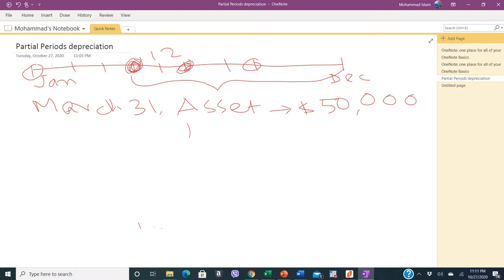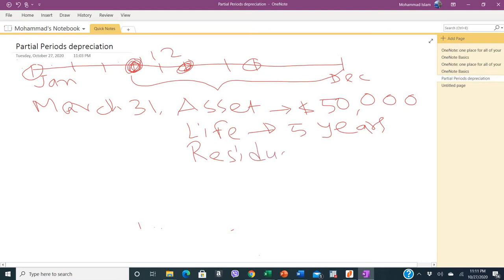The useful life is, say, 5 years, and the residual value is $10,000. Okay, $10,000. So what is the depreciation?